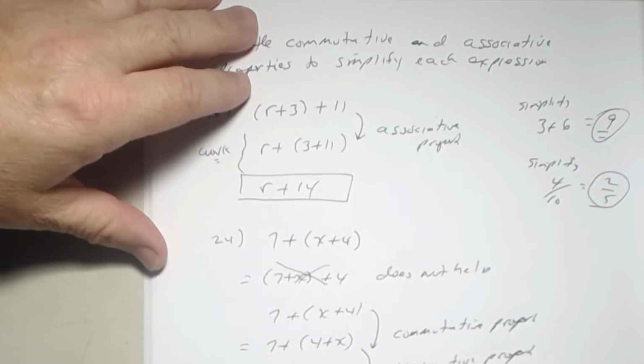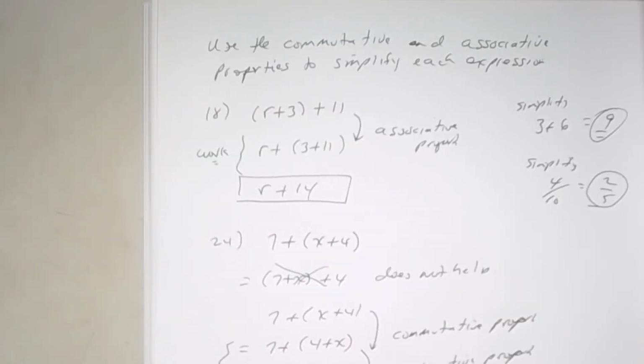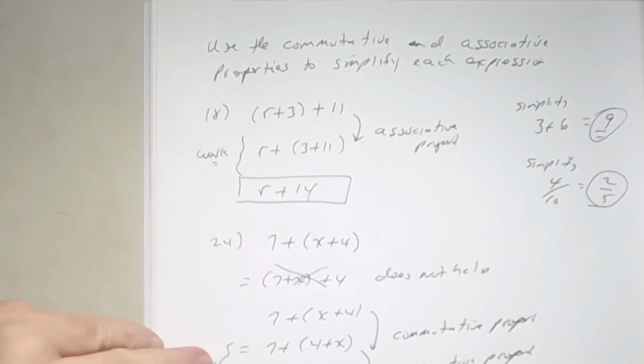X plus 11. Does not matter. All right, but this is what you have to show. You have to show this right here. Okay? So there's something like that on the worksheet, just remember you got to show that kind of work. All right, so that one's a little tricky because you have to use both of them.